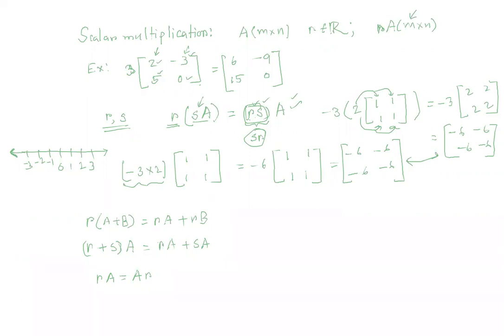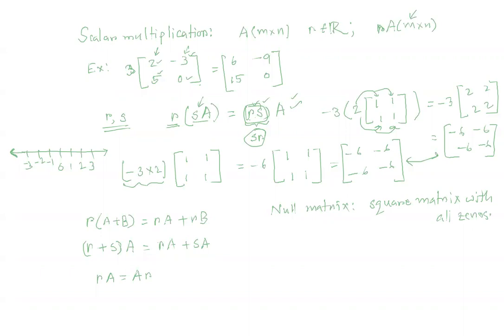Another topic which I kind of introduced in terms of additive identity is a null matrix. A null matrix is a square matrix with all zeros.